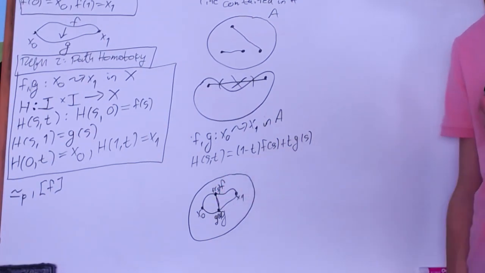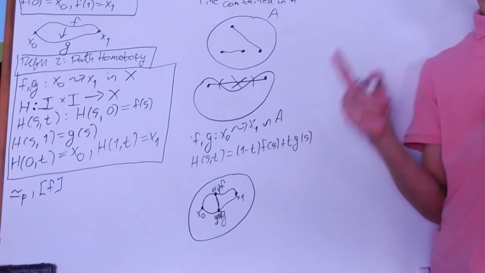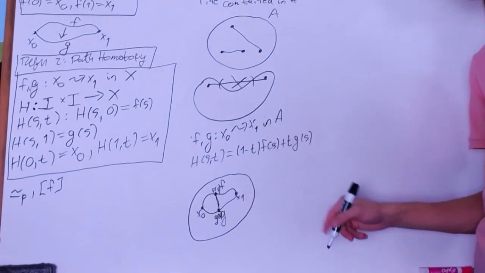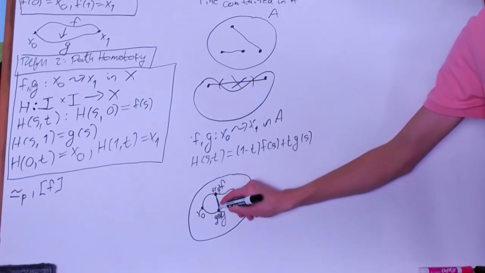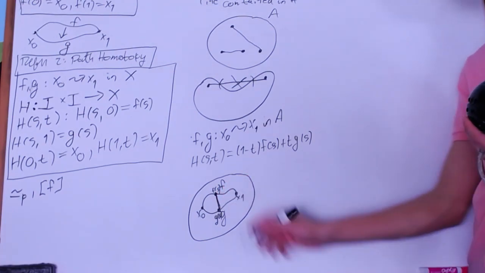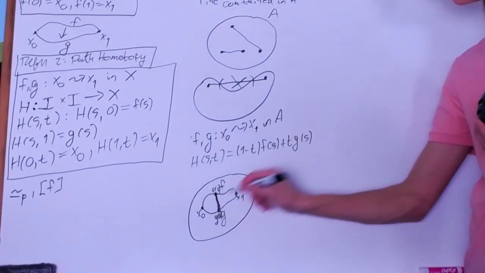You draw the line between them, which is guaranteed to be in the set by the fact it's convex. And then throughout the time t, you just slowly move along this line until you end at g of s. So you go from f of s, move along the line to g of s.